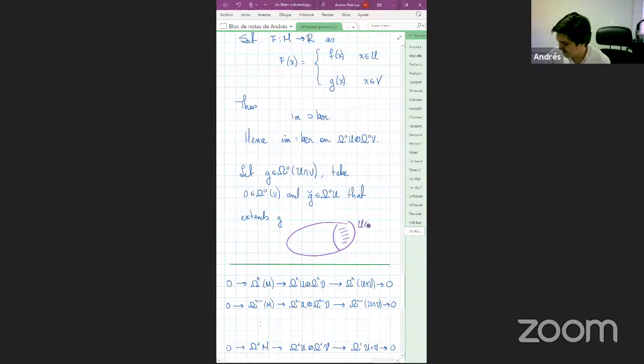This is an open set. You have a function defined on an open set and you would like to extend it to any function.